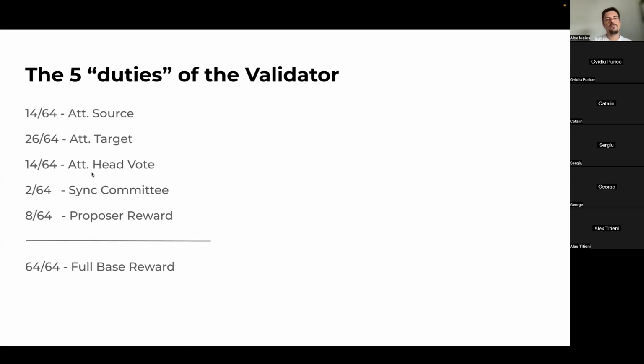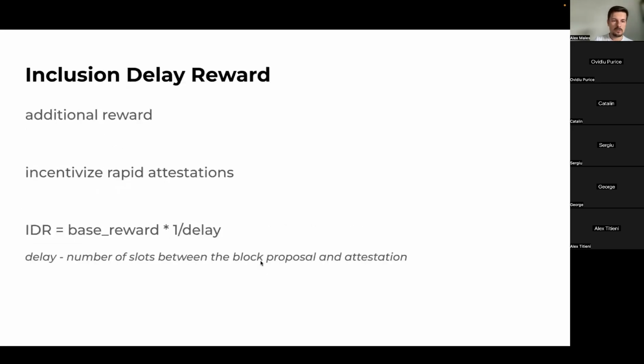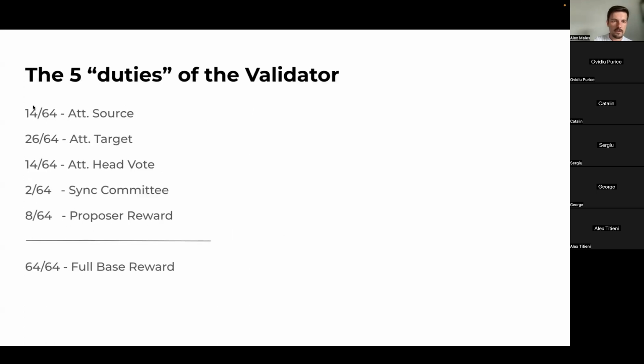Then if you attest for the head of the chain, then if you get selected and do your operations that are required for participants in the sync committee, then you get another reward. If you propose a block, you have a proposal reward, and everything in here adds up to the full base reward.